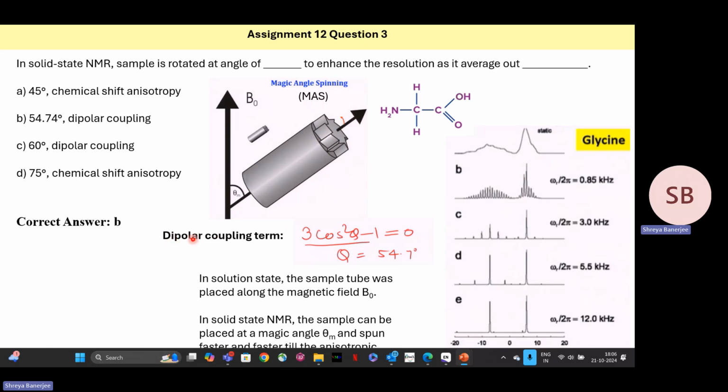So one of these is the dipolar coupling term, which mathematically is equal to 3 cos squared theta minus 1. If we take it to be 0, then the theta needs to be 54.7 degrees.